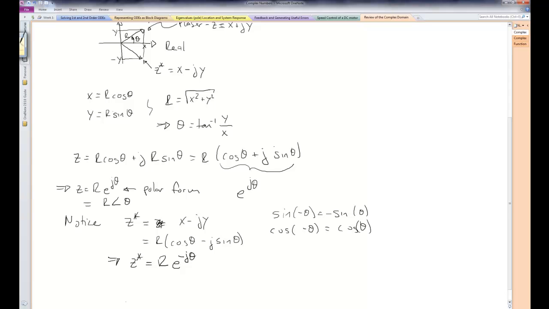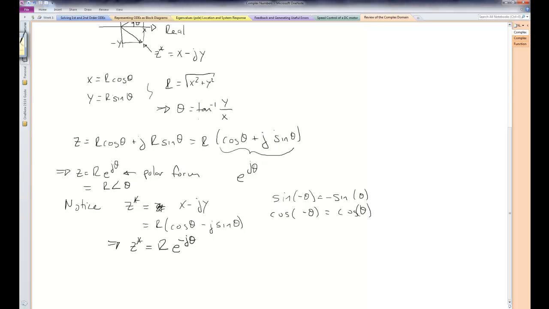Finally, one valuable aspect of the conjugate is that if we take z times z conjugate, that's r e to the j theta times r e to the minus j theta, which is just going to be r squared times e to the j theta minus j theta.